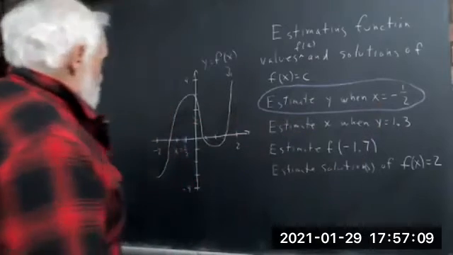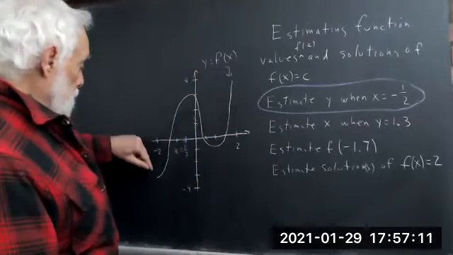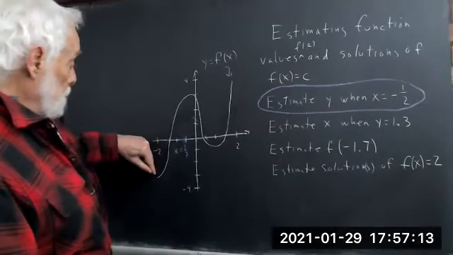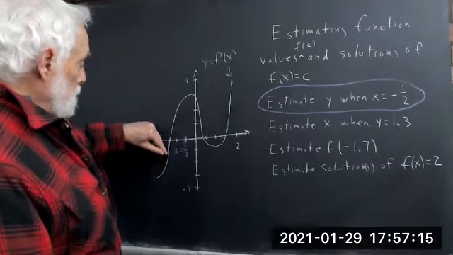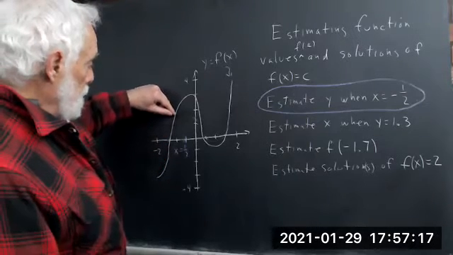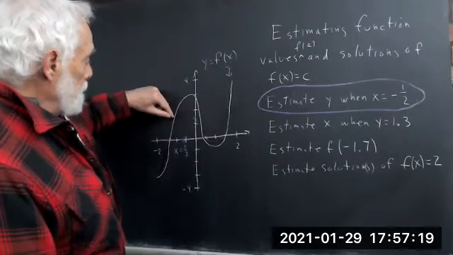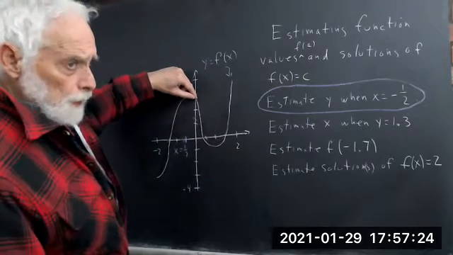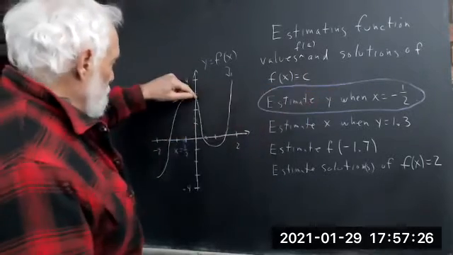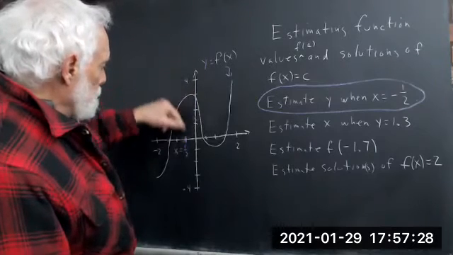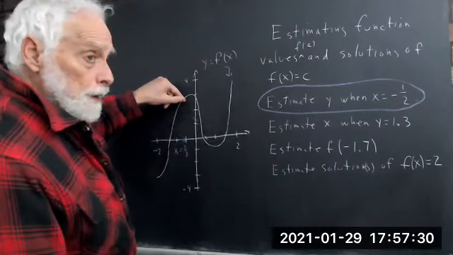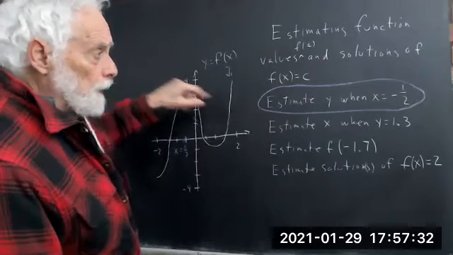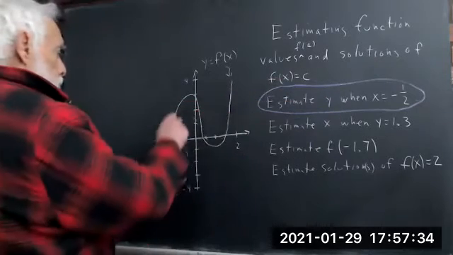So we have points on this graph. The x coordinate of this point would be -2. Then we move over and over and over to here, and now the x coordinate is -1. We keep moving over and go to here, and the x coordinate is 0. So it looks like we missed -1/2, so we go back a little bit. When we're right above this mark, that's the point on the graph where x equals -1/2.